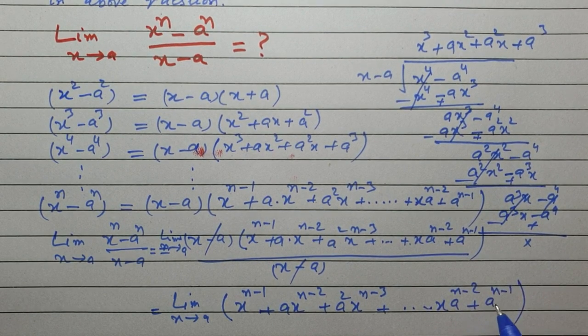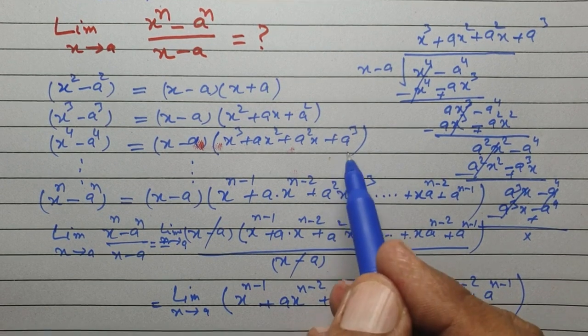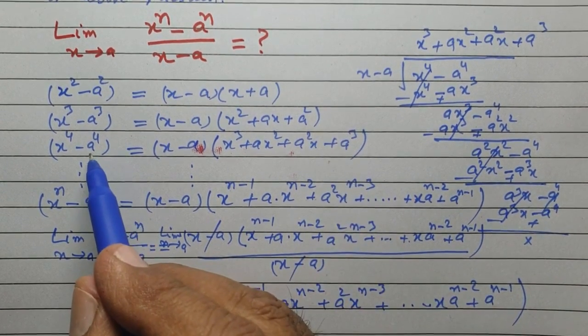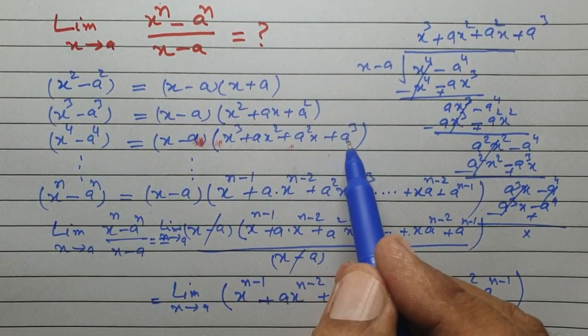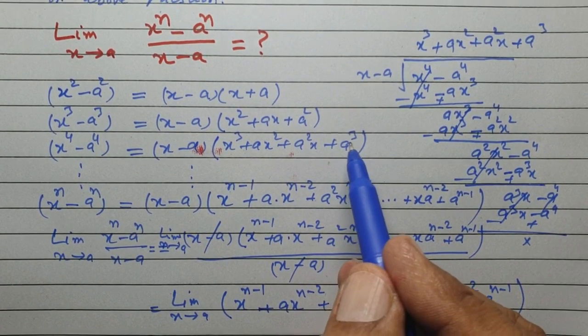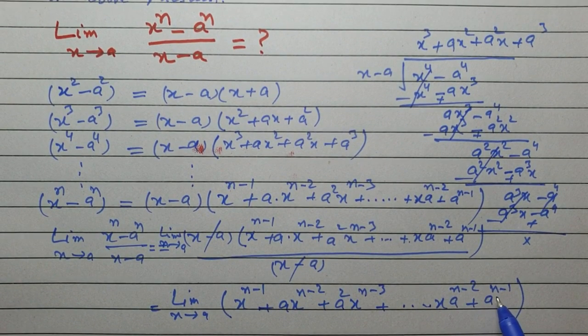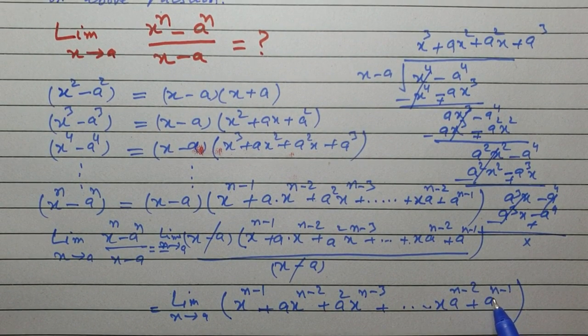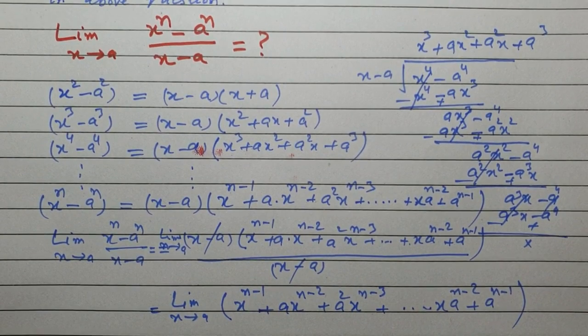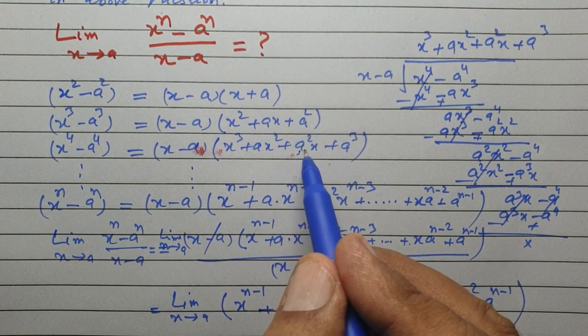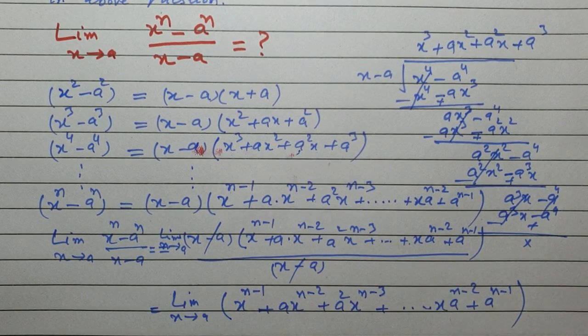How you get n minus 1 is the last. From where? From here we got a^4 here. It is a^3. What is this? It is n minus 1. The last value is n minus 1. Here a^(n minus 1). And it is a^(n minus 2) before the last.